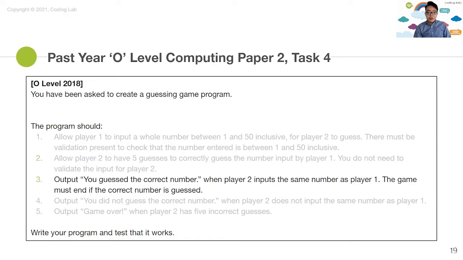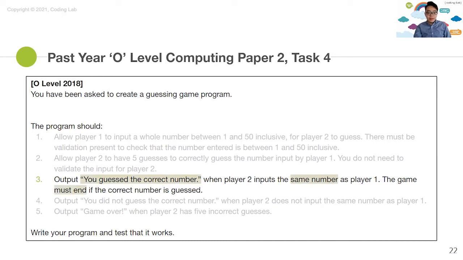Next, output you guess the correct number when player 2 inputs the same number as player 1. The game must end if the correct number is guessed. So if the value of player 2 and player 1 is the same, we would have a message to print. And the game must also end.